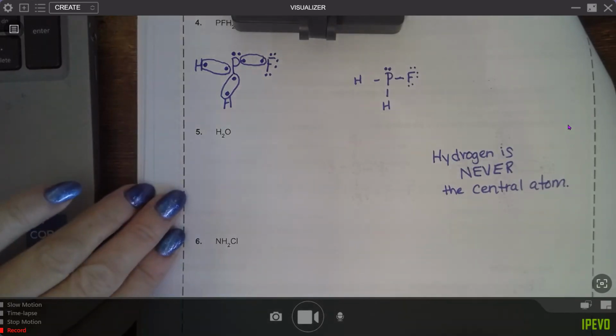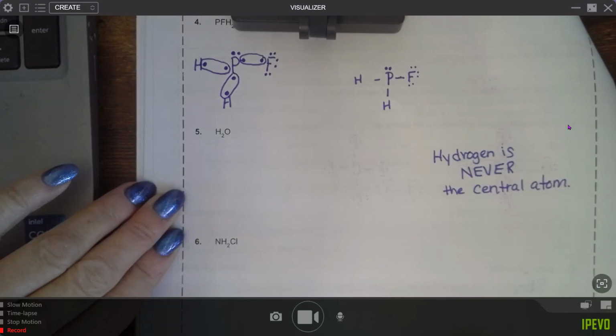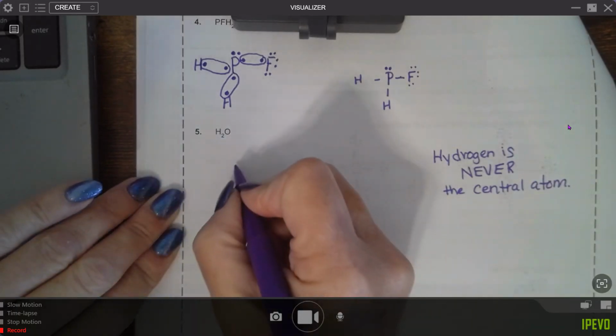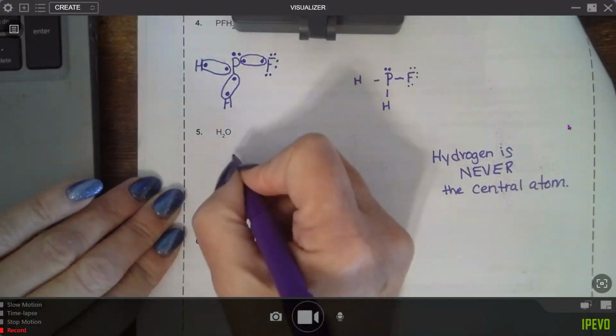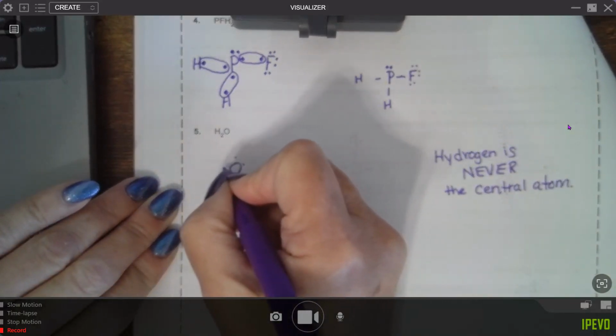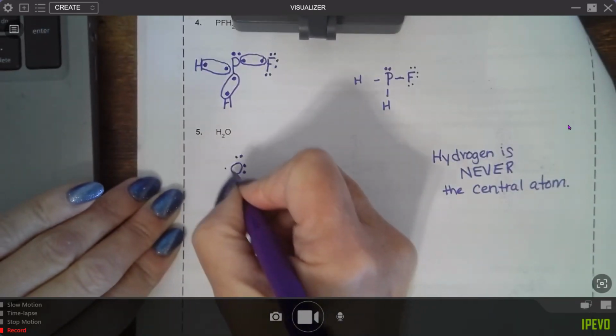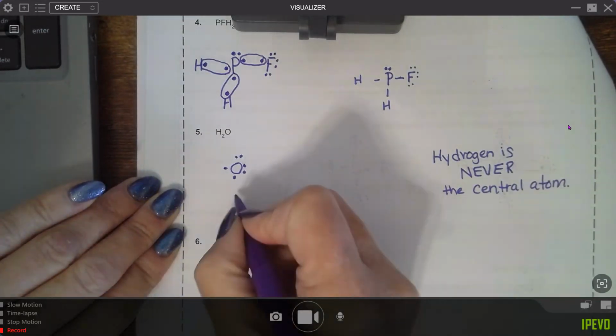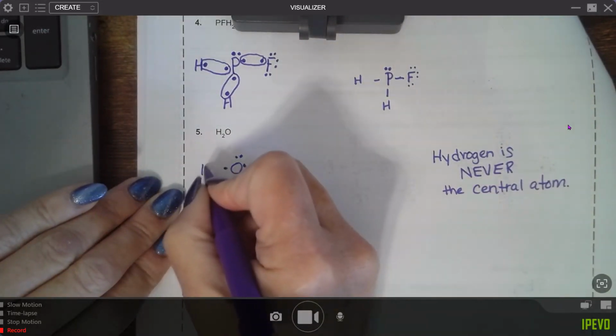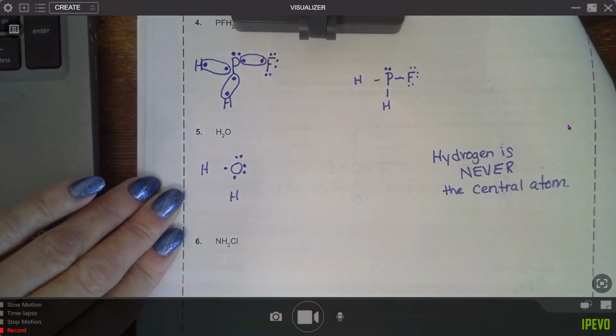So in water, oxygen is going to be our central atom. And if we look at our periodic table, oxygen is in group 16, so it has 6 valence electrons. 1, 2, 3, 4, 5, 6. And then I'm going to put one hydrogen on each side where I have that solo electron.